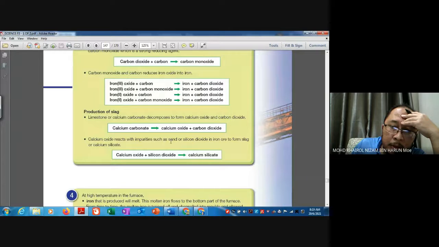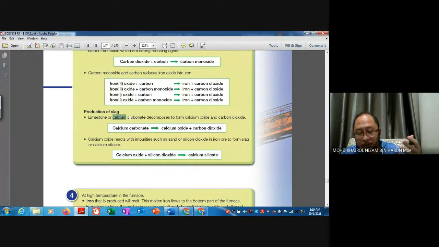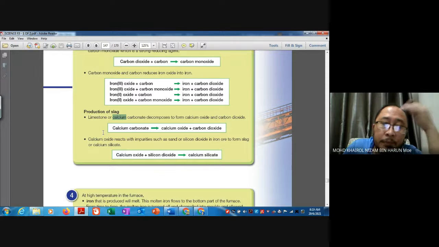This one is calcium, not iron, but in iron ore it will mix together with other elements. Inside any ore itself, there are lots of other elements and natural compounds, so they mix together.